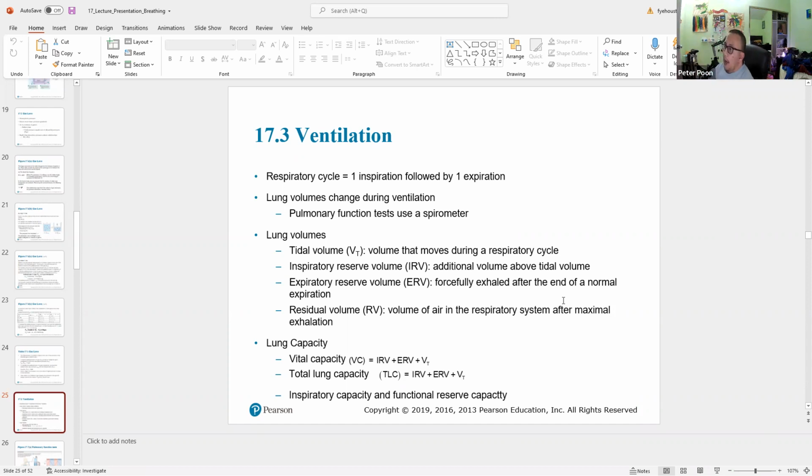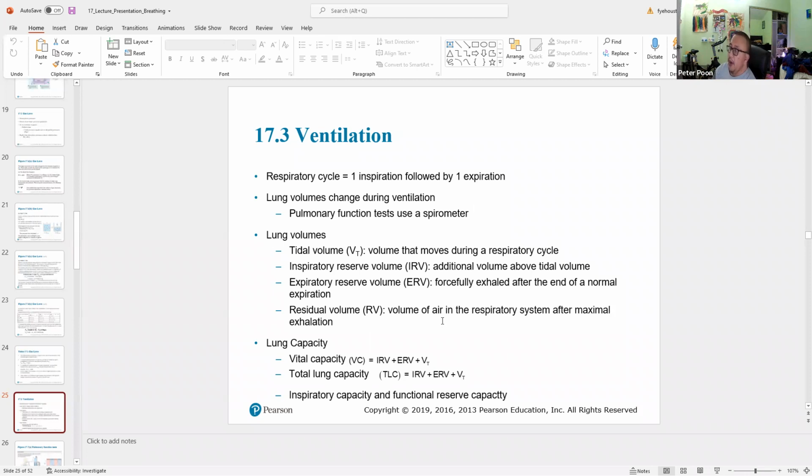Tidal volume is usually measured at rest. The inspiratory reserve volume is the additional volume above that tidal volume that you purposely breathe in. If I say, suck in as much air as you can right now and take a deep breath, that is the inspiratory reserve volume.